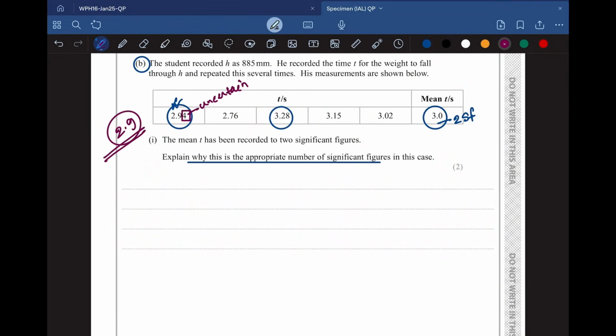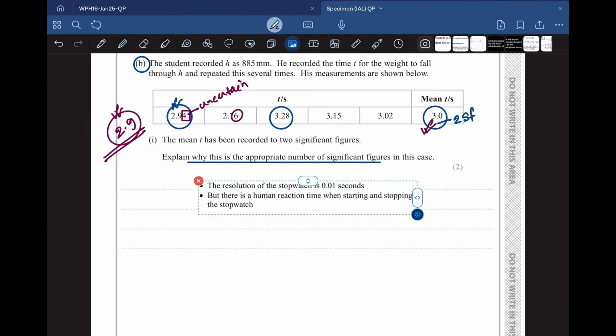It is going to be the same no matter how much uncertainty this value has, because the uncertainty relies on this 4 or this 6, right? The uncertainty relies on this particular point. That's why it is appropriate to take the mean value in two significant figures.